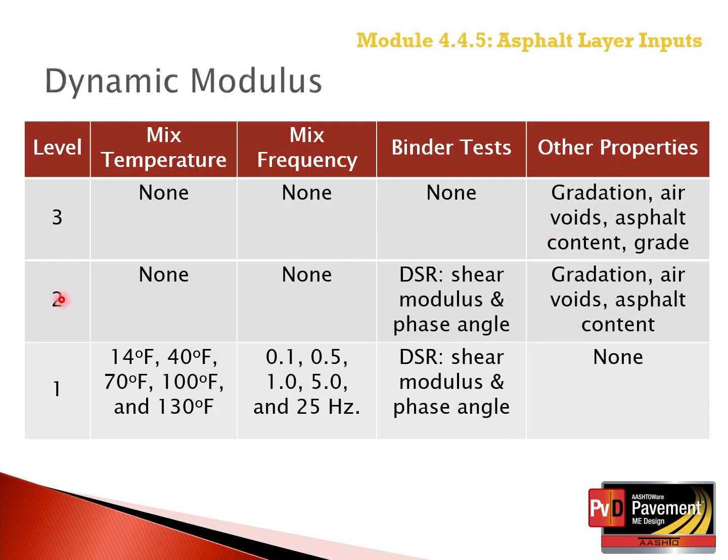Input level 2 requires the volumetric properties and also requires the measured properties of the asphalt binder. The measured properties of the asphalt binder depend on whether the binder specification is based on the performance grade system, a viscosity-based system or designation, or the penetration-based system or designation.